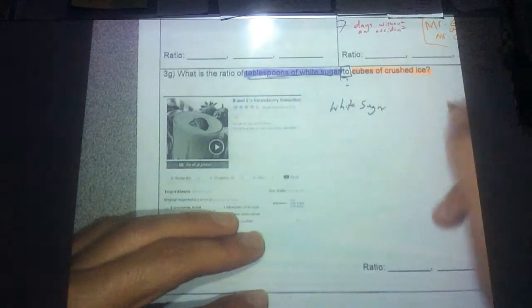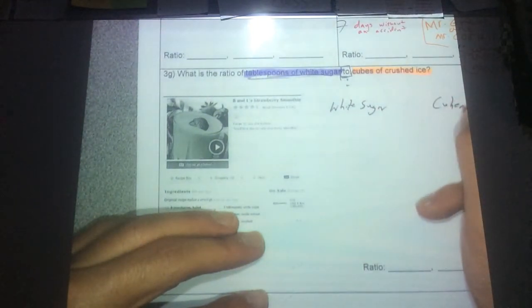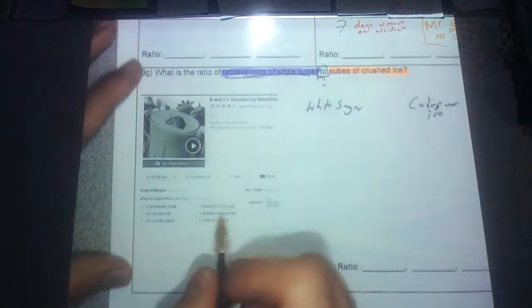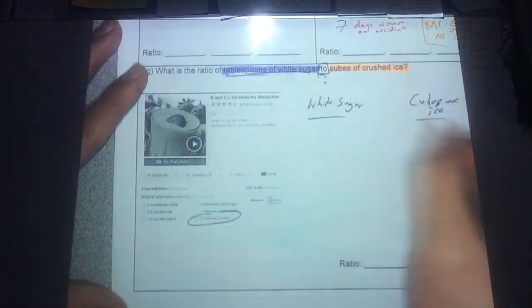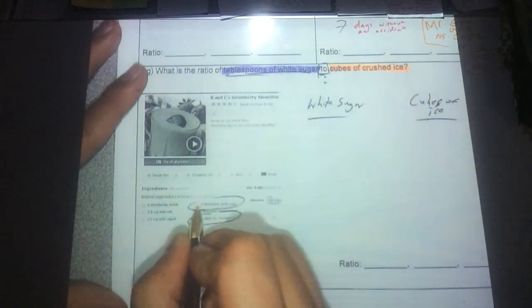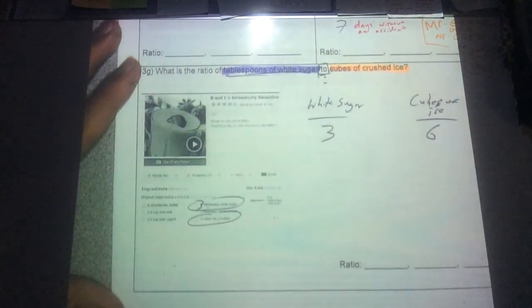So let's do white sugar, and then cubes of ice. Okay, it's hard to see, but you can probably look at your own. Let's start with the white sugar. Here there's 3 tablespoons of white sugar, and there's 6 cubes of ice.